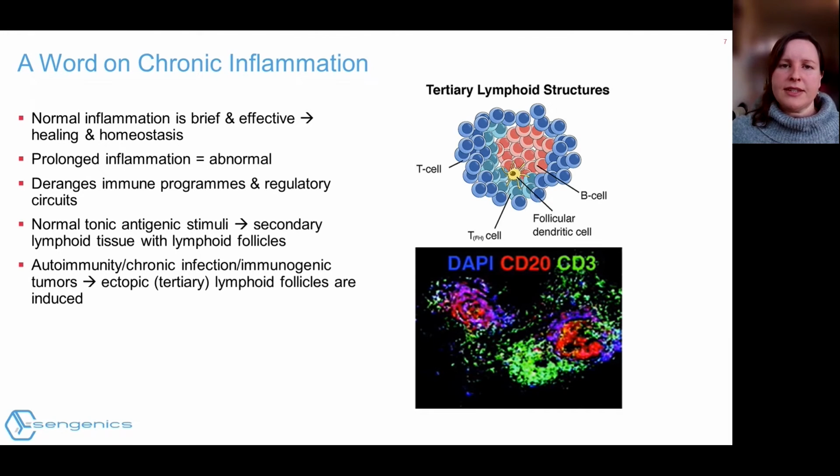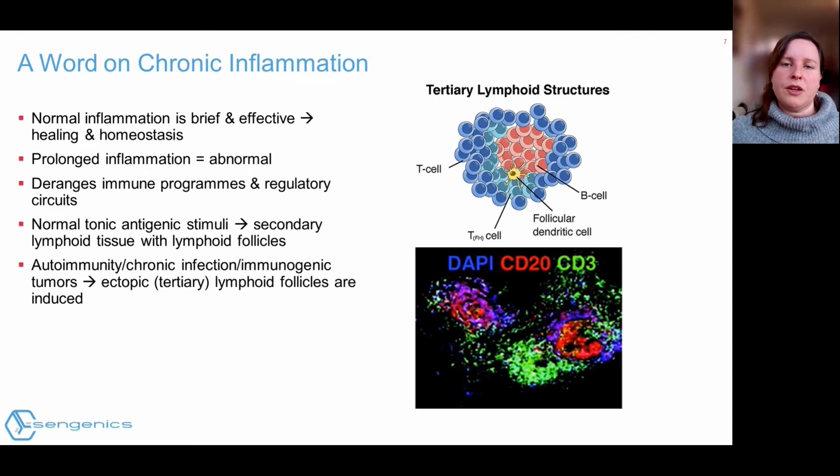Because of that constant antigenic stimulation, these tissues end up developing what is known as secondary lymphoid tissue, which is characterized by the presence of lymphoid follicles, so that B cells can be locally more rapidly and fully activated. However, this normal mechanism of secondary lymphoid tissue arising can be perverted in cases where tissues are experiencing autoimmunity, chronic infection, immunogenic tumors, or any other reason for chronic inflammation.